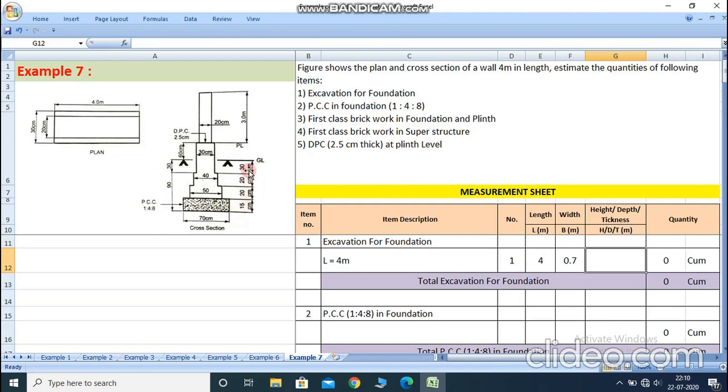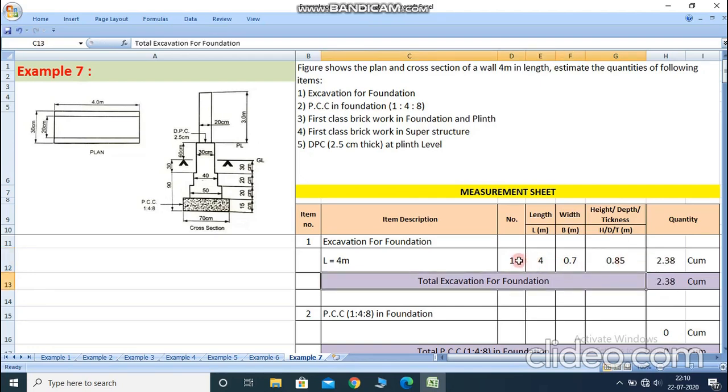So 30 centimeter plus 20 is 50, plus 20 is 70, plus 15 is 85 centimeter, the depth of the excavation. The total depth of the excavation is 85 centimeter, in meter 0.85.